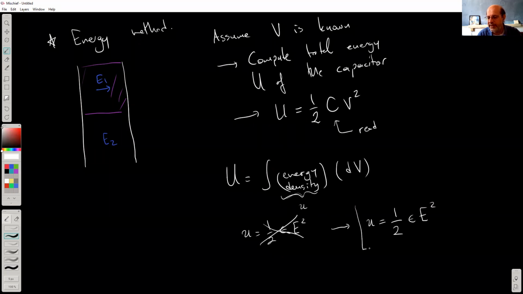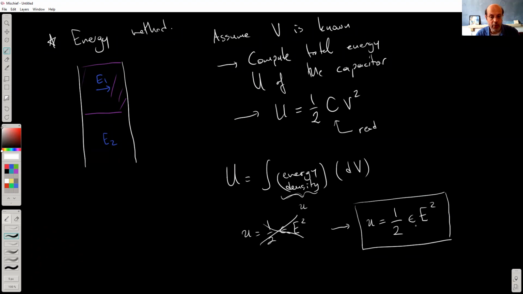Just remember the prescription that all the permittivities should be replaced with the permittivity of the medium. So if there's a medium, the energy density should be computed by using the permittivity of the medium. Okay, so that's the only change in here.